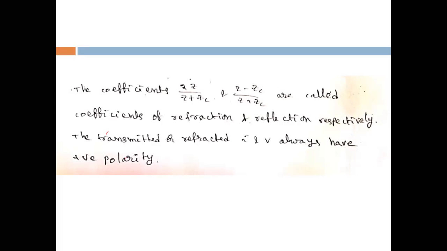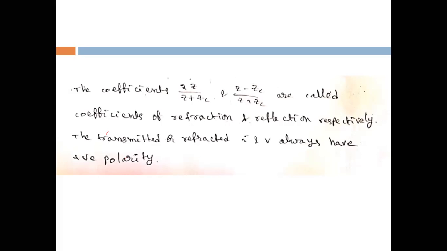The coefficients depend upon the polarities, either positive voltage or negative voltage, and these depend on whether zc is greater than z or zc is less than z. The polarities depend upon the impedance values.